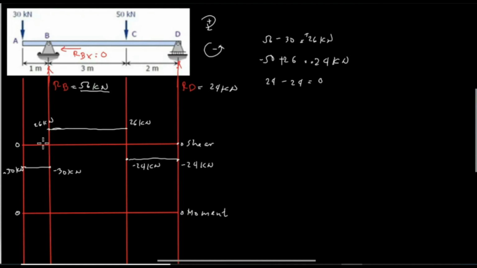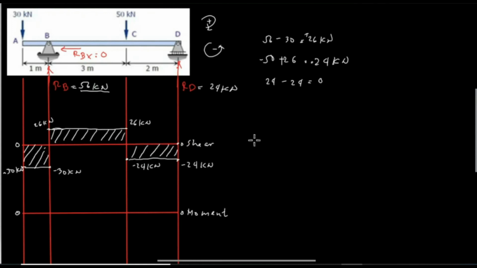And so these are the shear values, and we'll make a shaded area for this one.